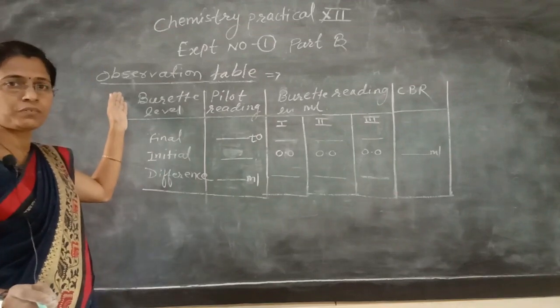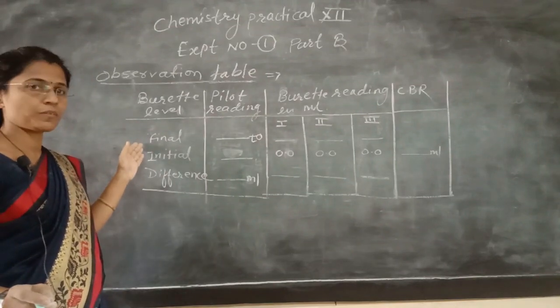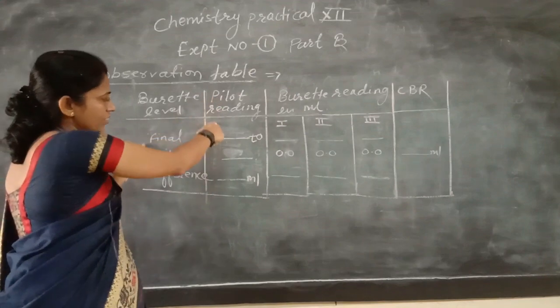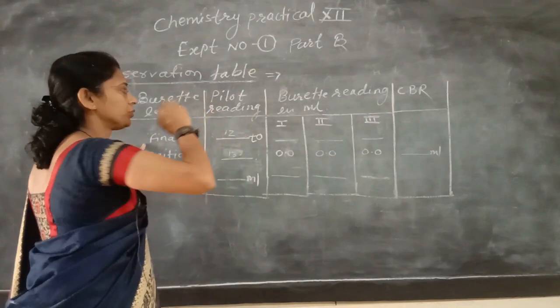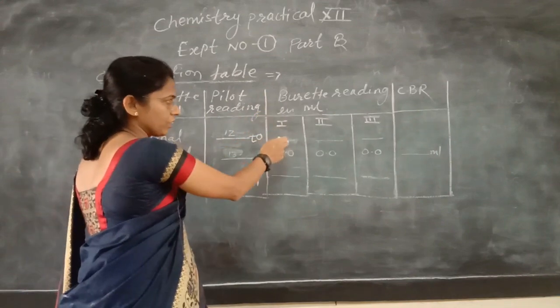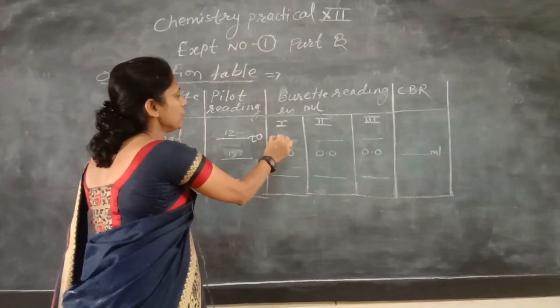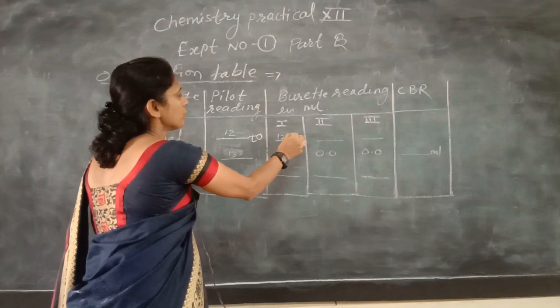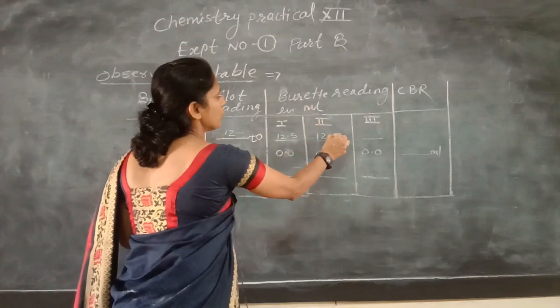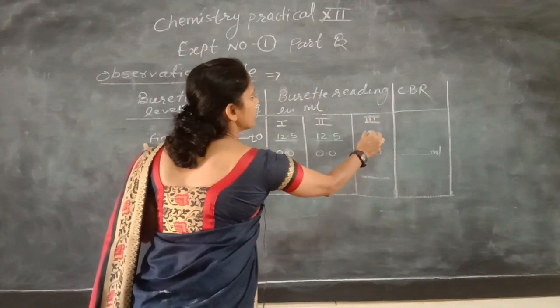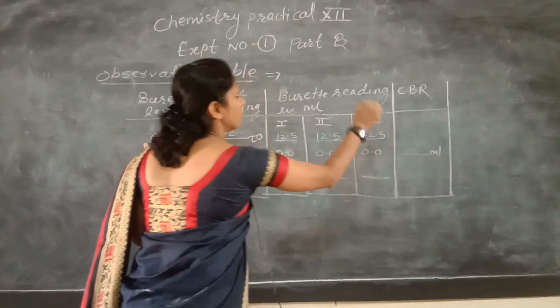Now note down your observations in your observation table. Our pilot reading is from 12 to 13 ml, right? Then the first reading we obtain after completion is 12.5 ml. Second reading is also 12.5 ml and third reading is also 12.5 ml.